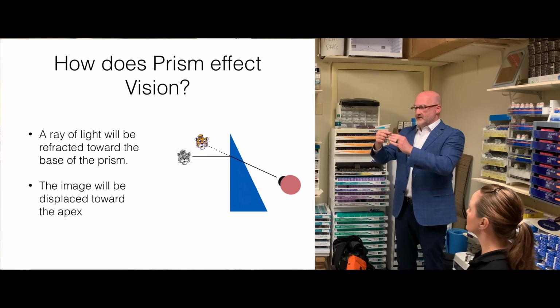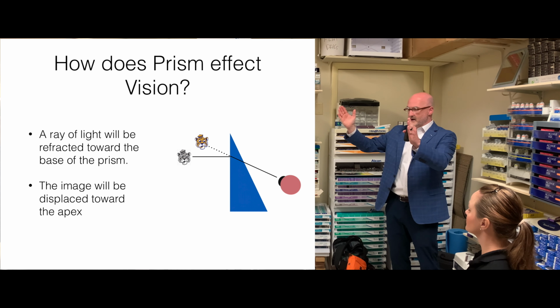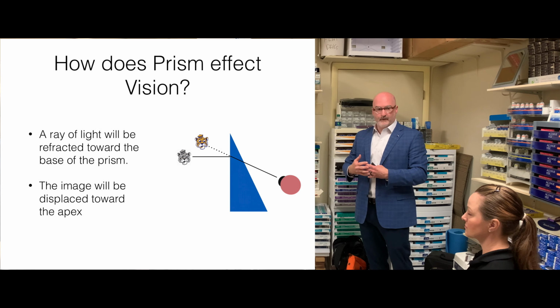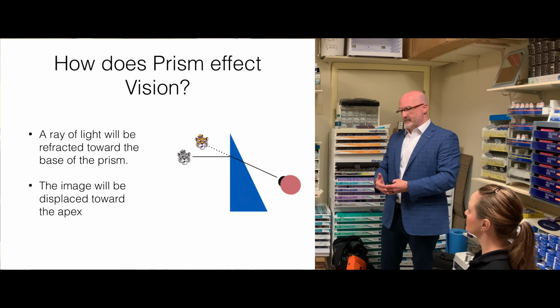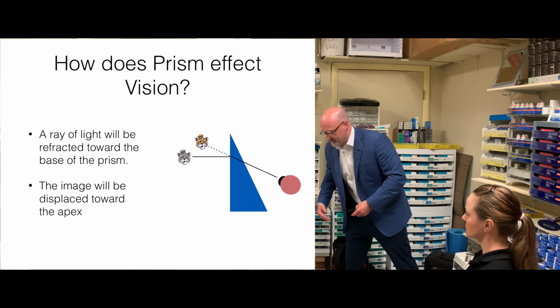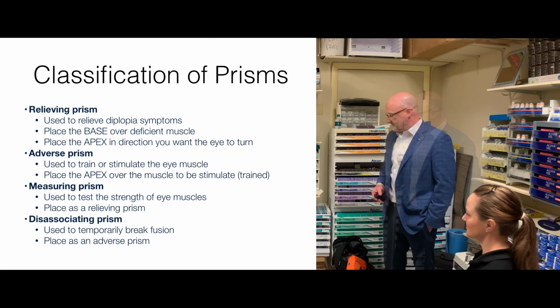So I could hold it up to your face, and your face would be over here if the base were over here, right? So light is going to be bent towards the base. However, the image is going to be bent towards the apex. And that's an LSU Tiger, just so you know, because I'm a big LSU fan. Football season starts August 31st, by the way.